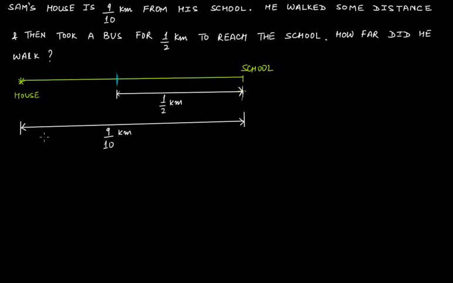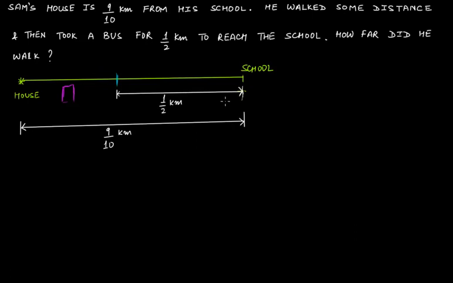So 9 over 10 kilometer is the distance between the house and the school. You have to find the distance that he traveled by walking, and this is the distance he traveled using the bus.